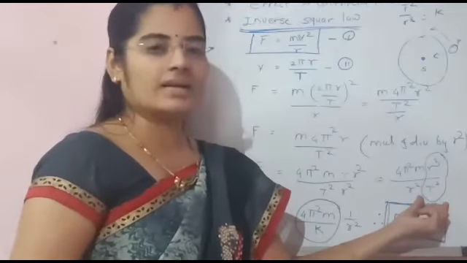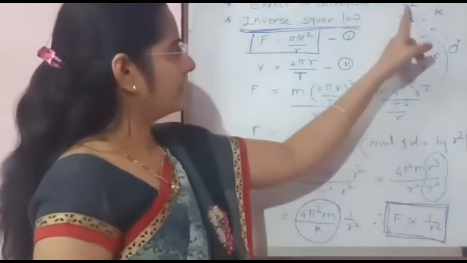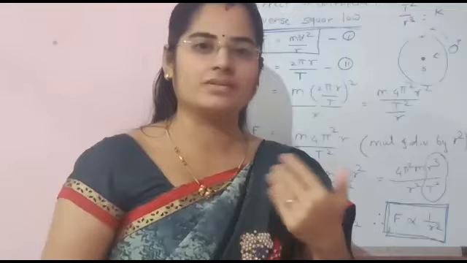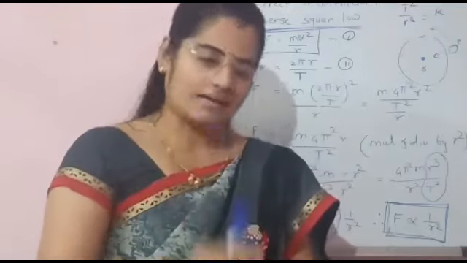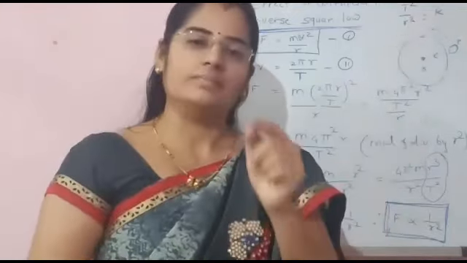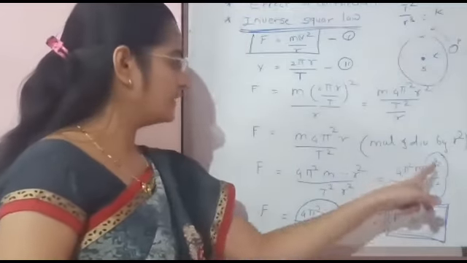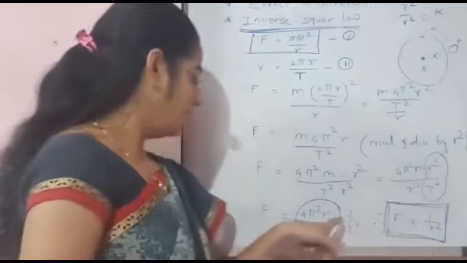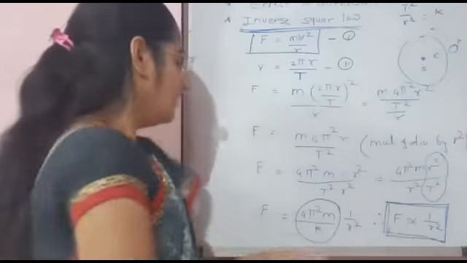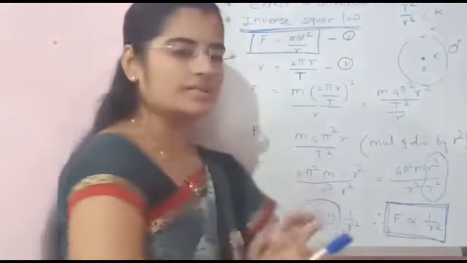We also know from Kepler's third law that T squared divided by r cubed is equal to a constant. Then r cubed divided by T squared becomes 1 upon that constant, 1 upon k. Take this whole term as a constant.